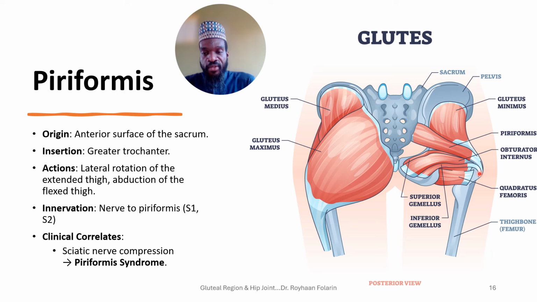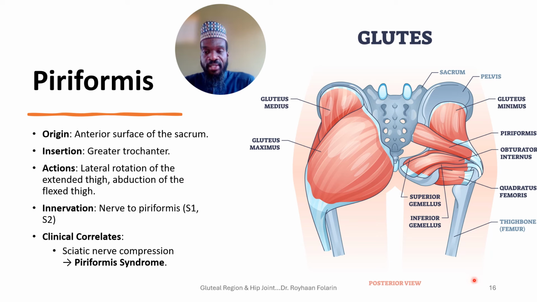So by virtue of this, you can expect the action of the muscle to be what? Abduction, first of all, by virtue of this point of attachment. So it's able to help with abduction, and then it contributes to lateral rotation of a thigh that is already extended.